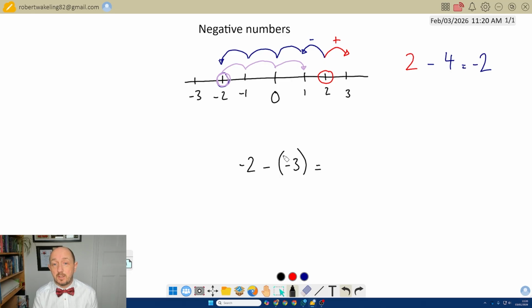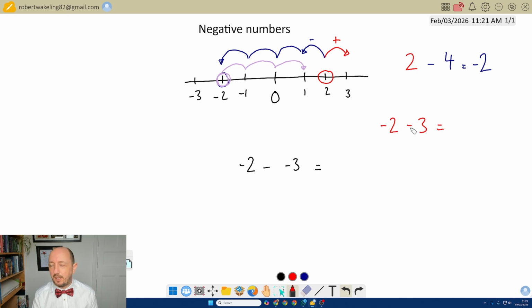A lot of the times the brackets aren't there. They should be, but most of the time you'll find brackets are kind of missing and you see this minus minus next to each other. And this, a lot of students understand minus and a minus is a plus, but they apply the rule at the wrong time.